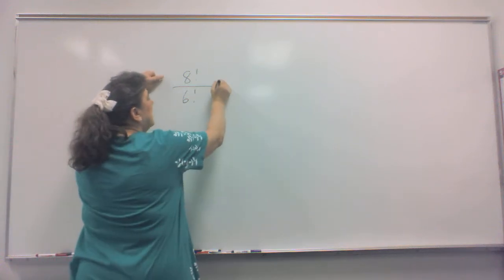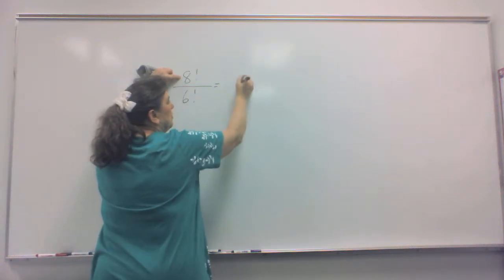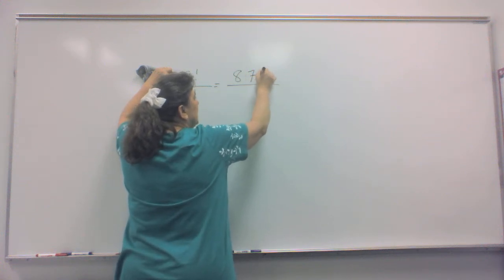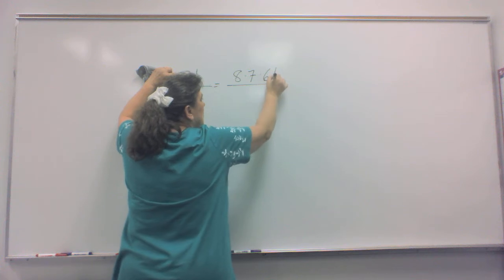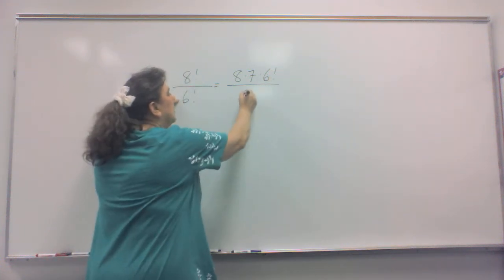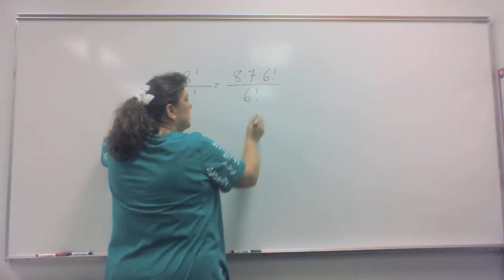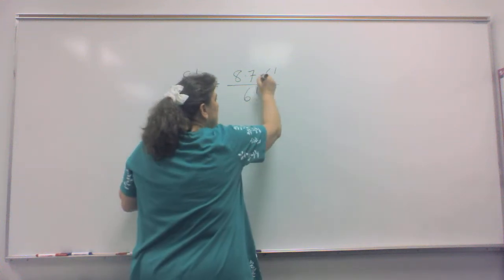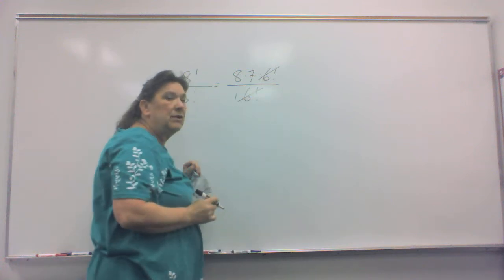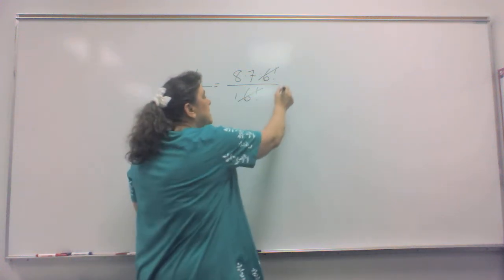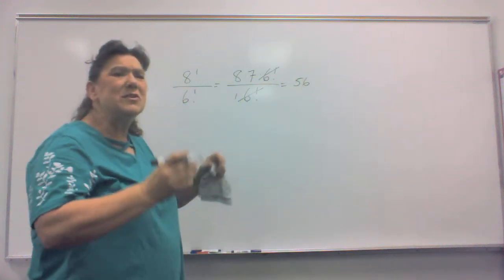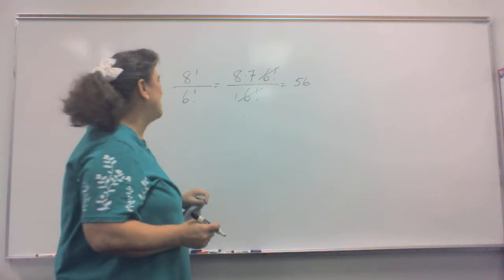So here's what's going to happen. 8 factorial, you're going to say 8 times 7 times 6 factorial. Why? Because I have 6 factorial in my denominator. So 6 factorial goes in the denominator. 6 factorial cancels with 6 factorial, leaving the number 1 in your denominator. And 8 times 7 is 56. Not so hard when we can do it that way.